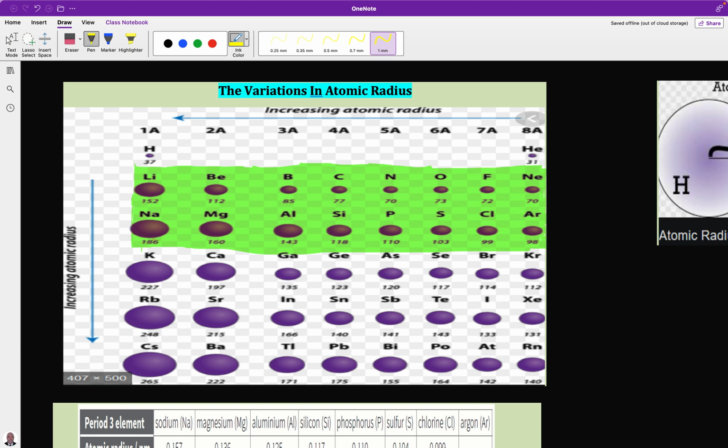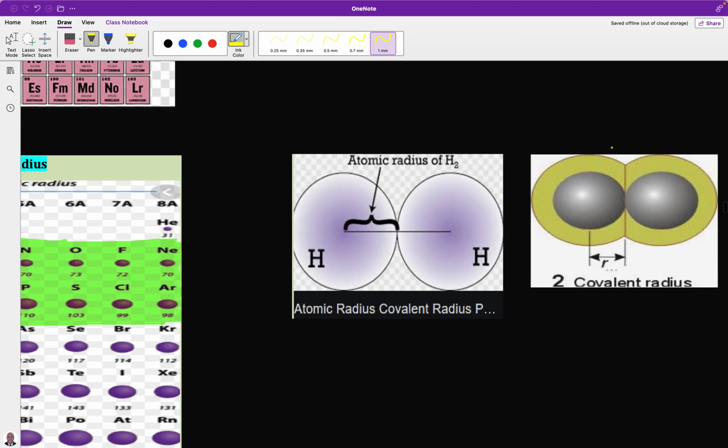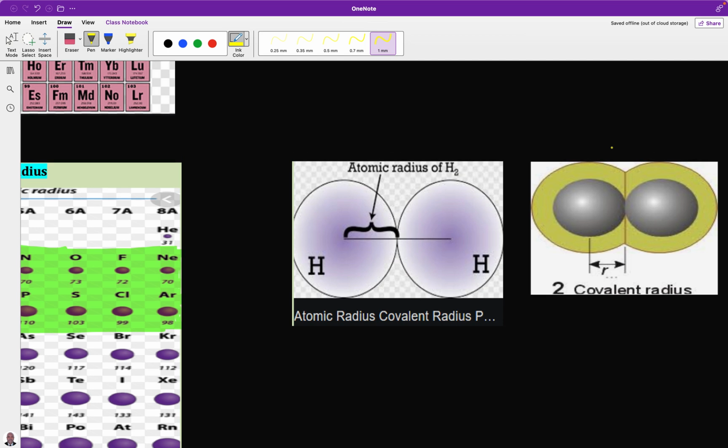And as you go down the group, you see the atomic sizes are also increasing. As I said the other time, atomic radius is the distance between an atom's nucleus and the outer electron shell. Here, from the nucleus of the hydrogen atom to the outer electrons, that distance is what we call the atomic radius.